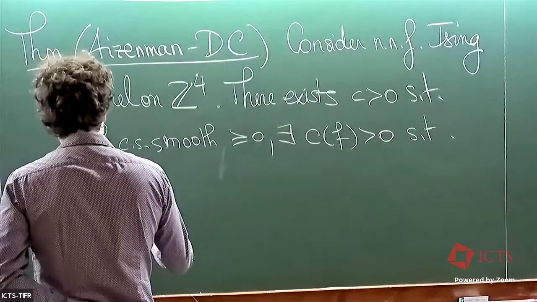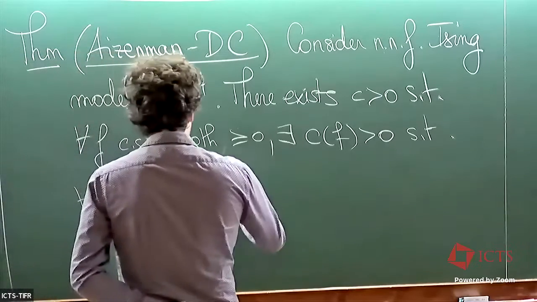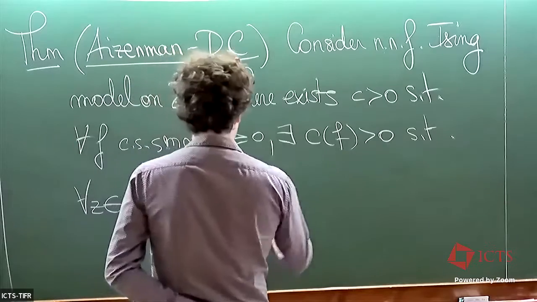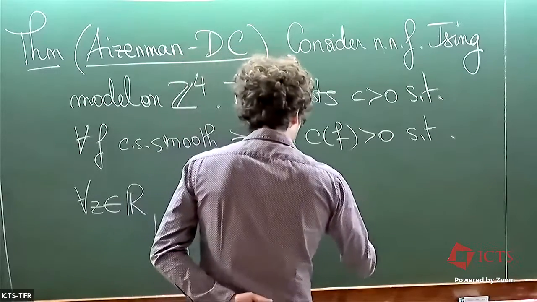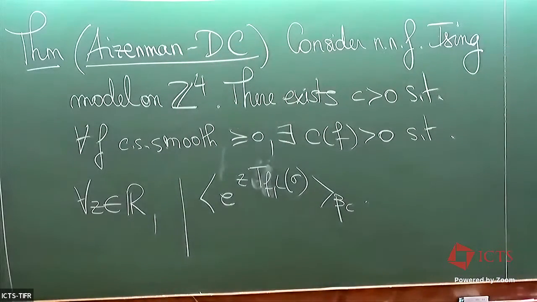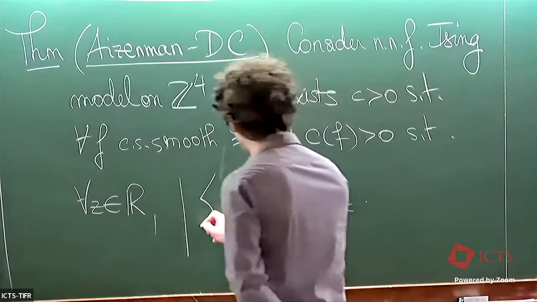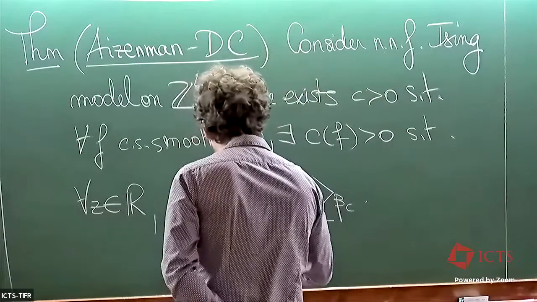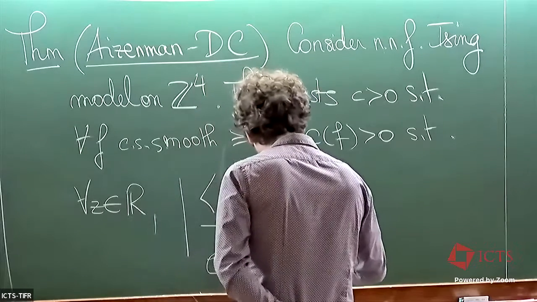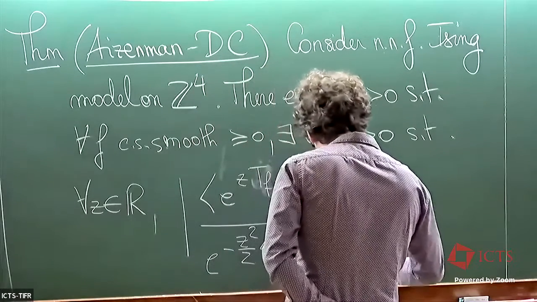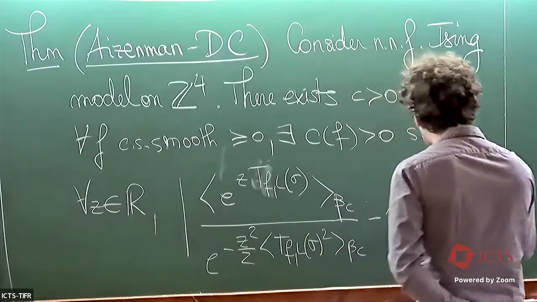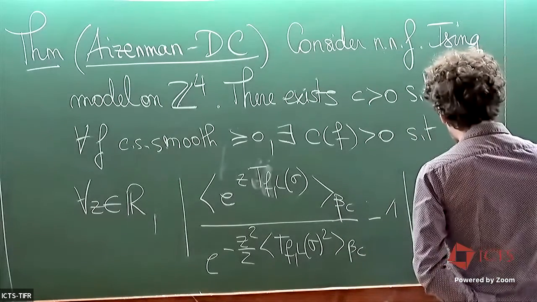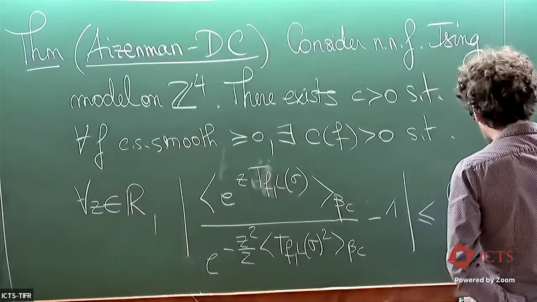For every z, when I look at the characteristic function of T_f,L, and I look at the Ising model at beta c, when I compare it to what I would get if it was a normal random variable, which would be e to the minus z squared over 2 times the variance, if I do this ratio and subtract 1, so I'm trying to see how small this is, then I obtain something which is bounded by a constant times z to the 4.